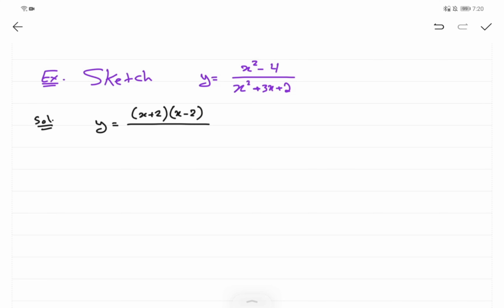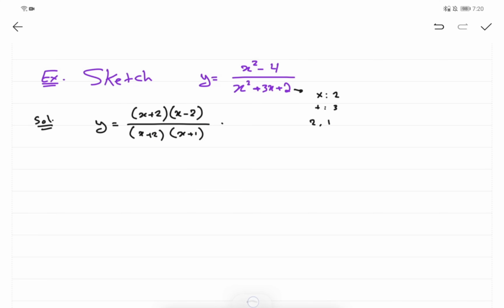This is the difference between two squares. And the denominator: the product of two numbers is 2, and the addition is positive 3, so the two numbers are 2 and 1. So it's going to be x plus 2, x plus 1.